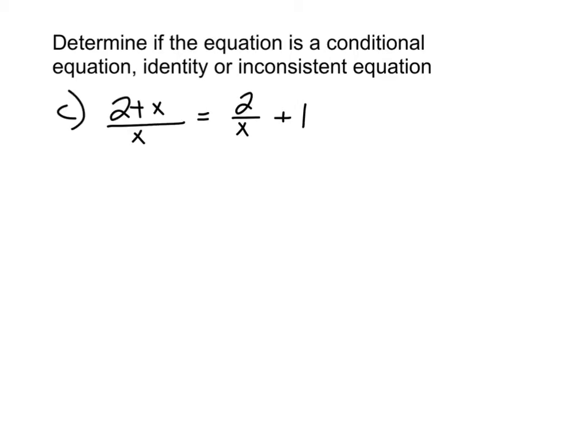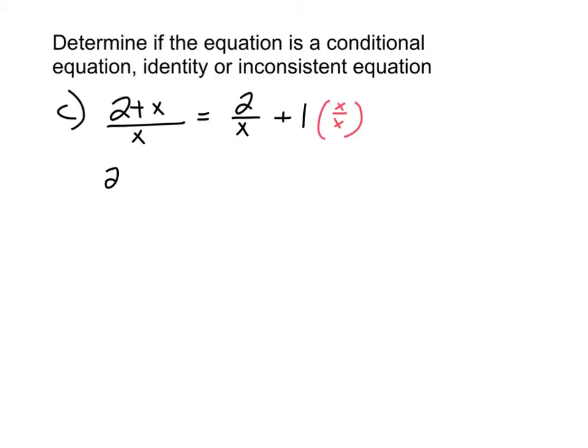In this example, we have 2 plus x divided by x equals 2 divided by x plus 1. There are a number of different ways we can start solving this equation. I'm going to make the right-hand side into a single fraction by multiplying this 1 by x over x.